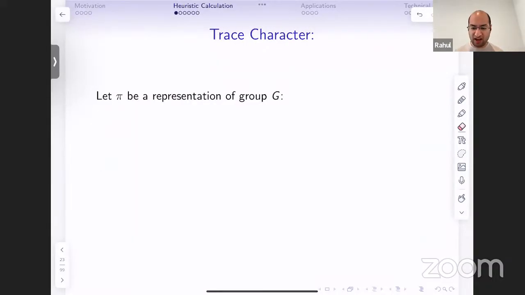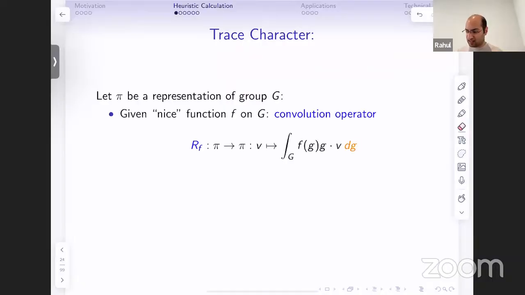First of all, we have to talk about what trace character means for an infinite dimensional representation. Because if you have an infinite dimensional representation and you take an element in the group and look at the action on that representation and try to take the trace, that trace might not be finite. So instead of considering traces of single elements of the group, you consider average traces, averaged over the group depending on a function on the group.